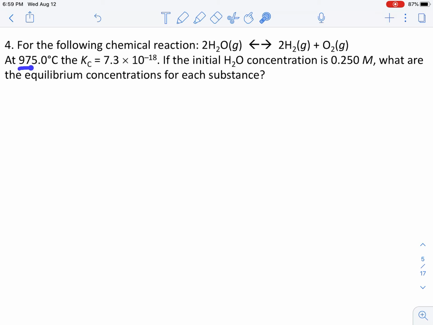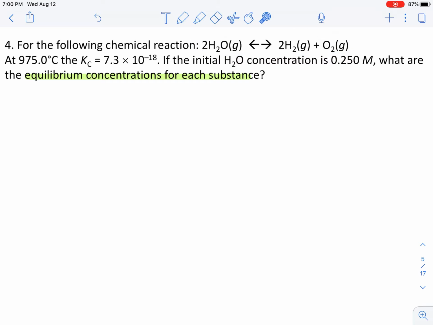And so at this specific temperature, the equilibrium constant with respect to concentration, so Kc, is equal to 7.3 times 10 to the negative 18. So here, if the initial concentration of H2O is 0.250 molar, what's the equilibrium concentration for each substance? And so once again, we're looking for the equilibrium concentration for each of the substances found in the chemical equation.